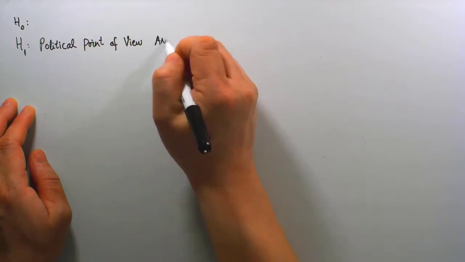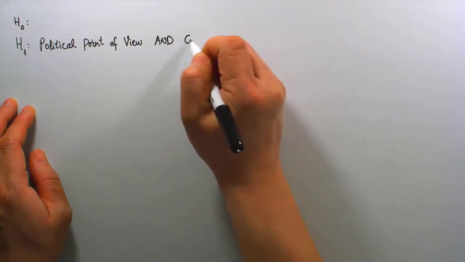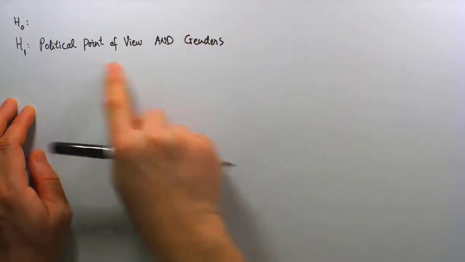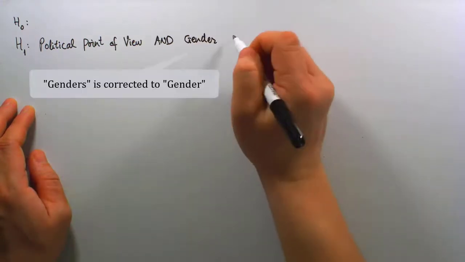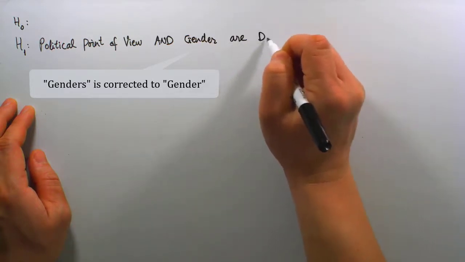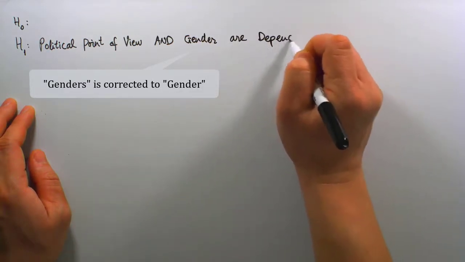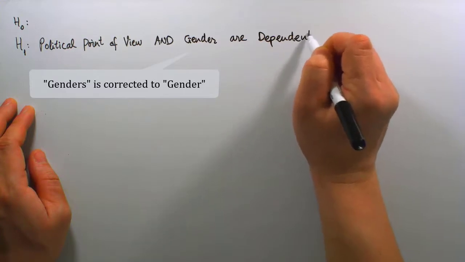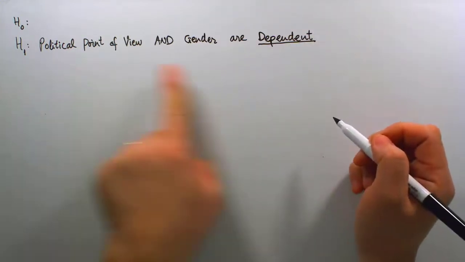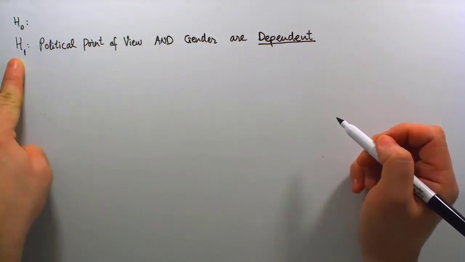And the other categorical variable, how about genders? So political point of view and genders, these two categorical variables are dependent. So we just directly copy and paste the statement that we're trying to prove from the question, and put that right here in our H1.